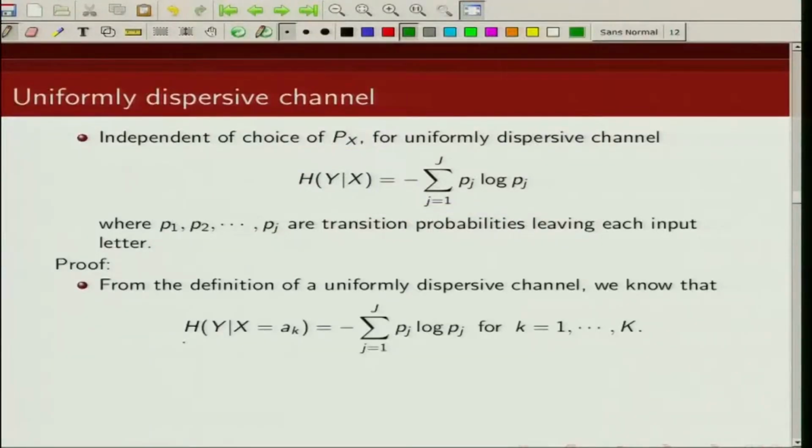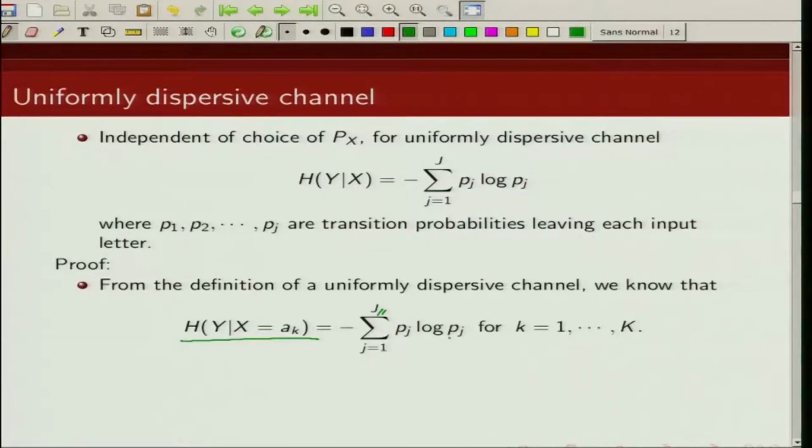From the definition of conditional entropy of y given a particular instance of x, ak, this can be written as minus summation over all possible transitions pj log pj.